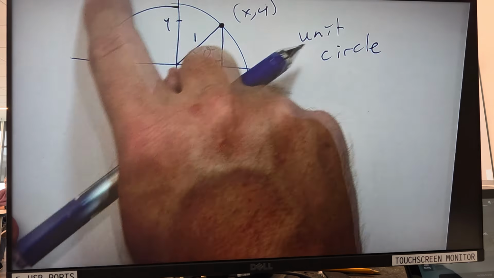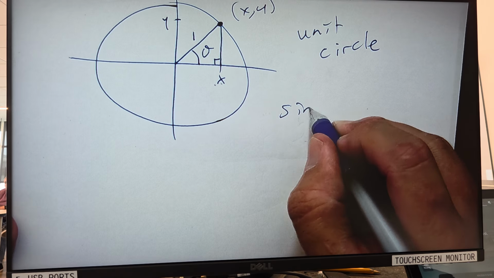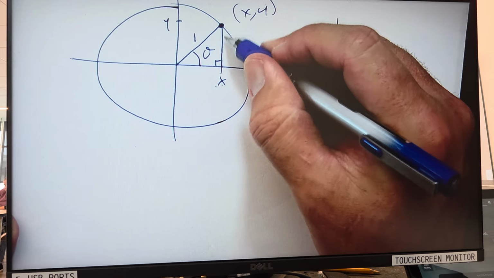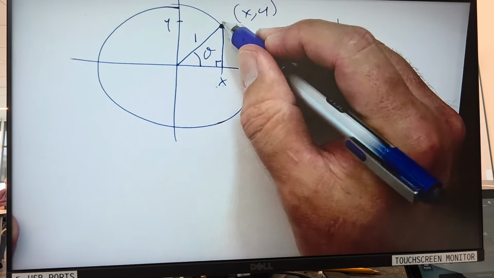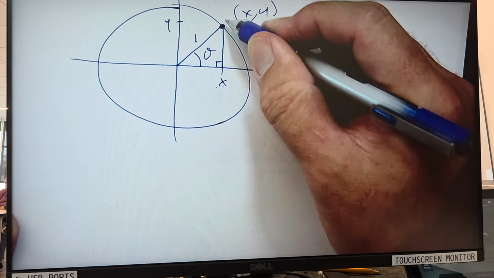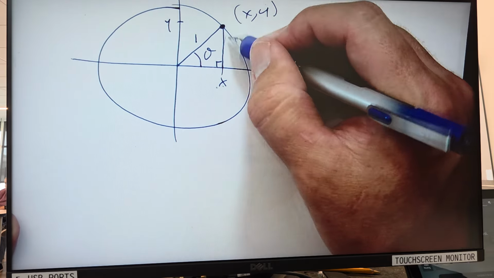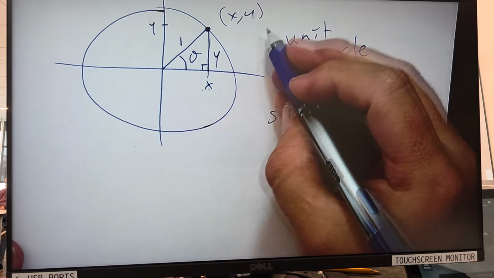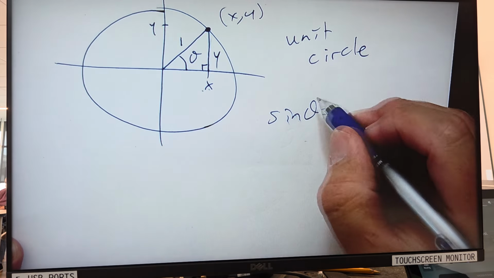So if I have a unit circle, can somebody tell me what sine theta is? How long is this here? Y over 1. So sine theta is y.